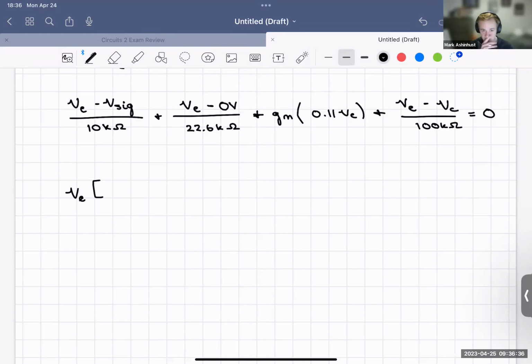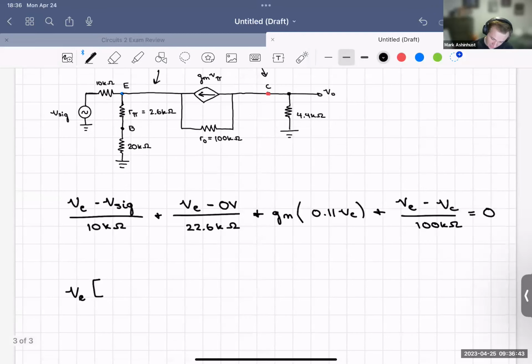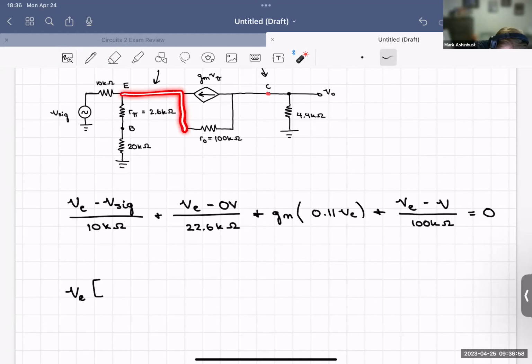So we have VE, VC, and V sig in here. I didn't want VC, my bad. I got mixed up. It's not VC, it's V out. We're going all the way to V out here. The reason for that, and you can figure that out, is because we need it in terms of V sig and V out. So we have VE, V sig, and V out.